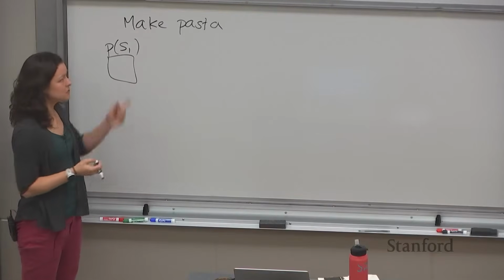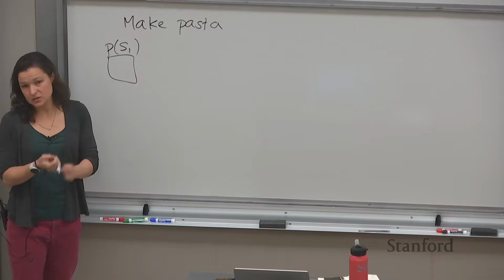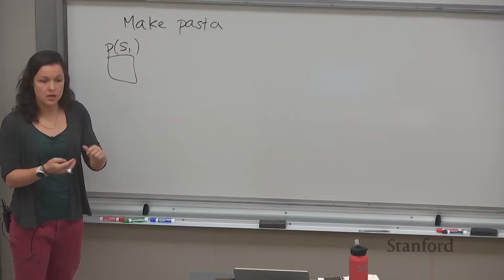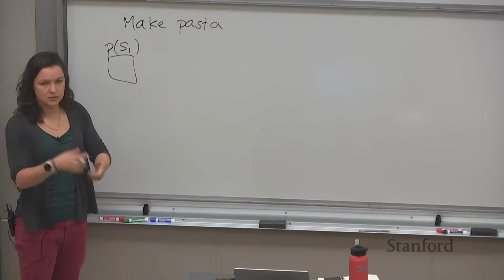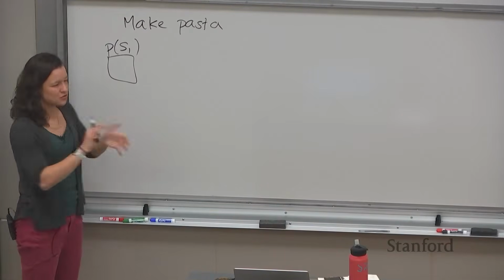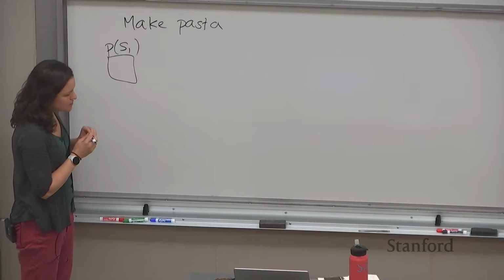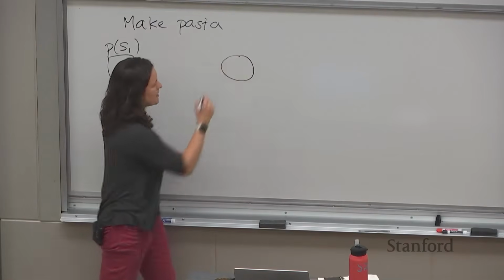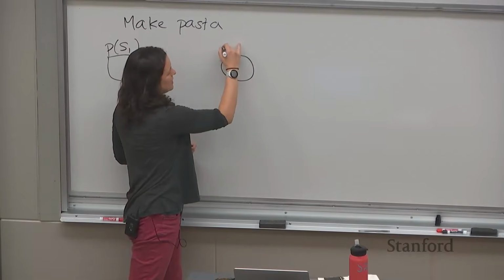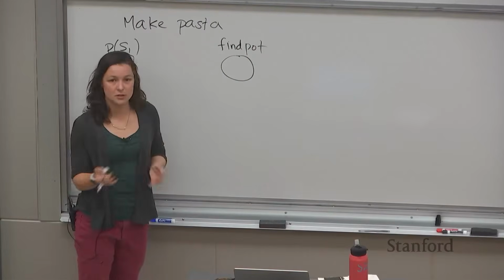And the steps for making pasta is that you'll need to get out a pot and pasta, so some ingredients. You'll need to boil the water. And you'll also need to pour the pasta into the boiling water. Maybe there's also a straining step, but maybe we can skip that for now. And imagine the set of states where you have taken out a pot, so find a pot, before actually putting any water into it.